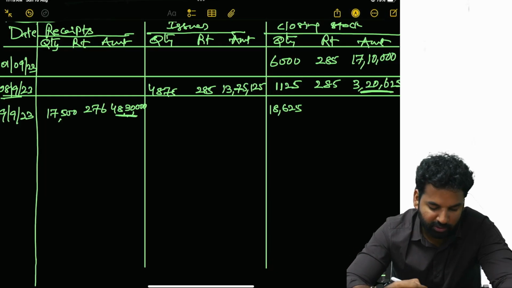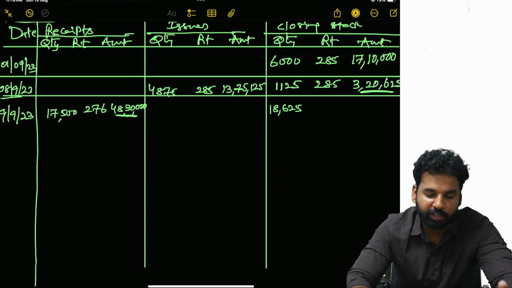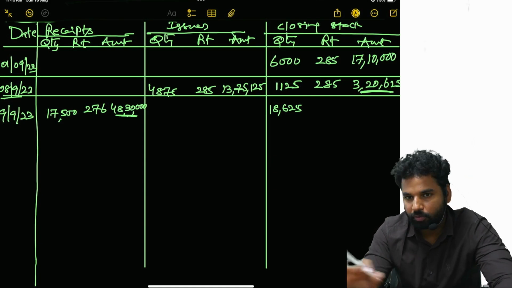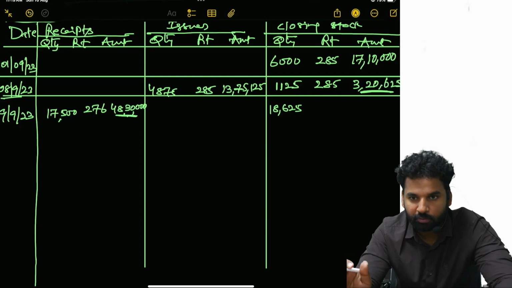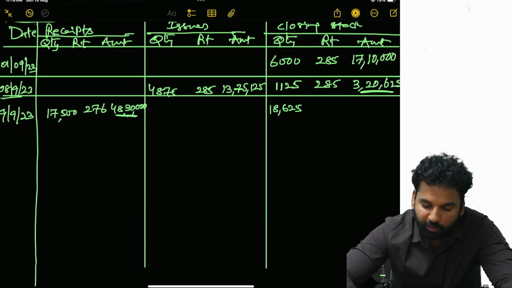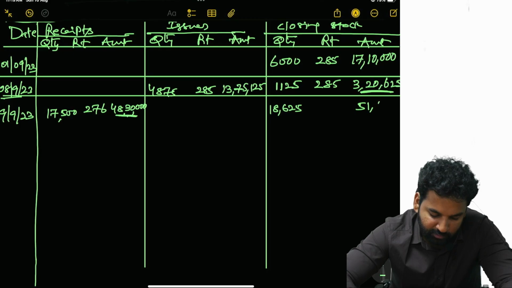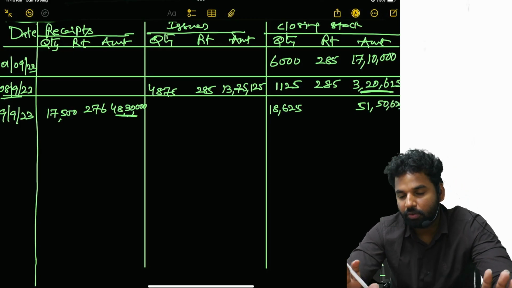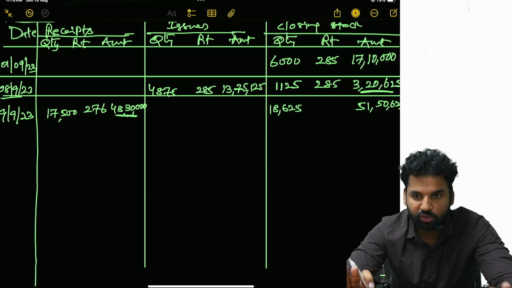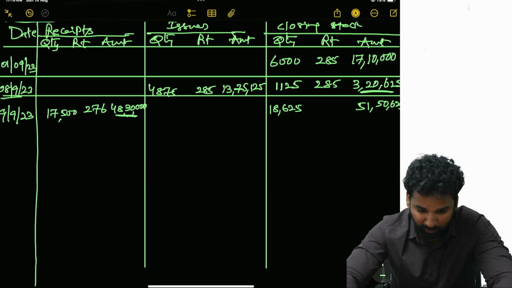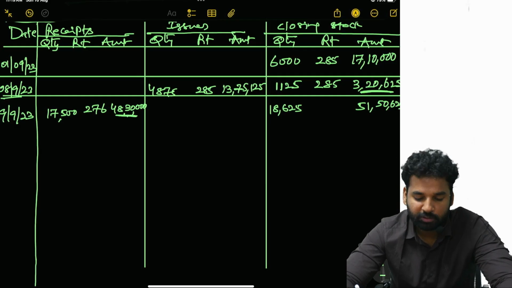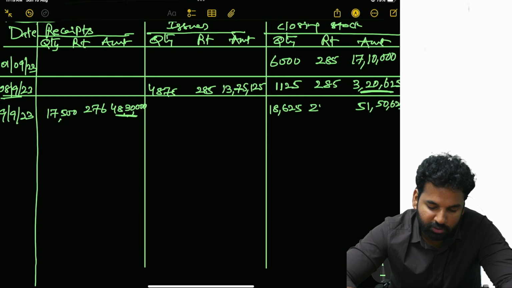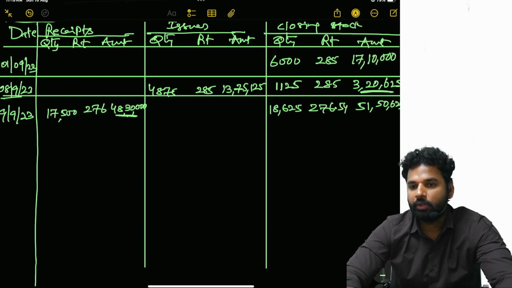If you are summing up 48 lakh 30,000 and 3 lakh 20,000, you are getting the numerator. That is 51 lakhs 50,625, the total value of 18,625 units of material. Now you take out the price: 51,50,625 divided by 18,625 is 276.54. You got this calculation?